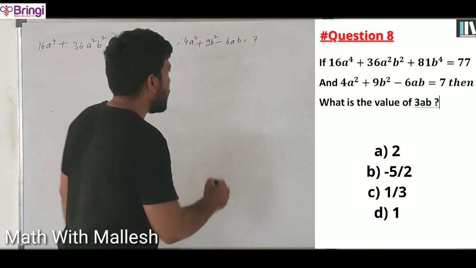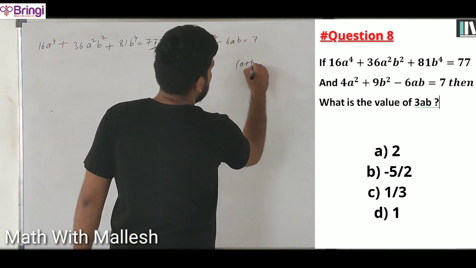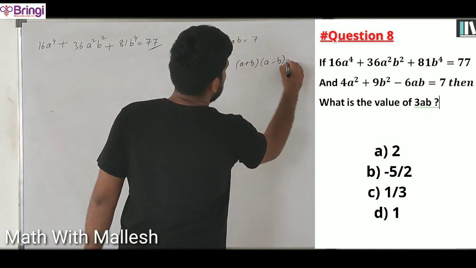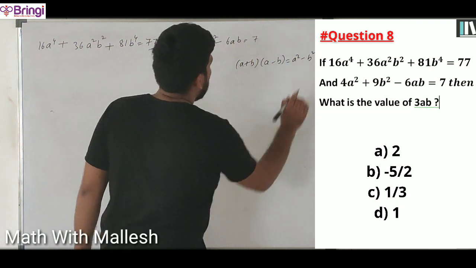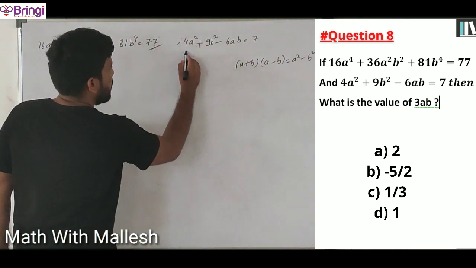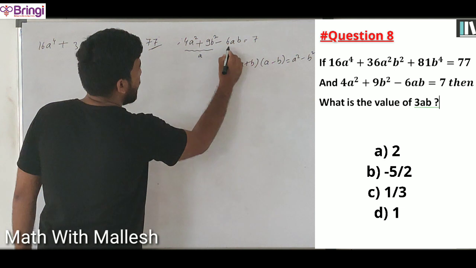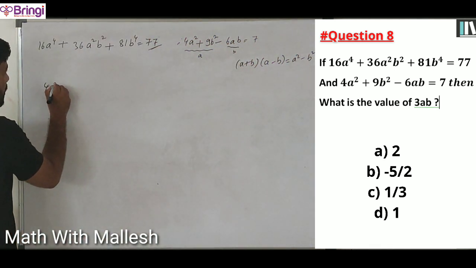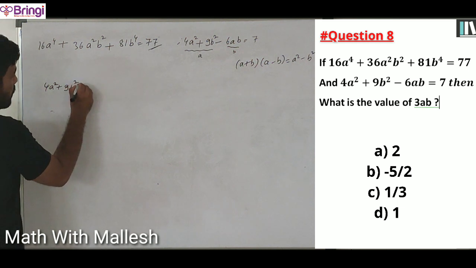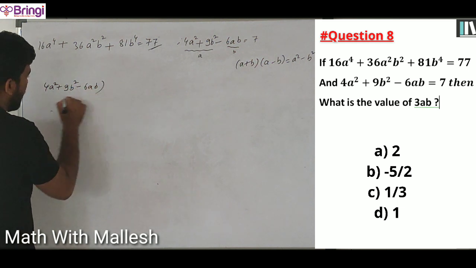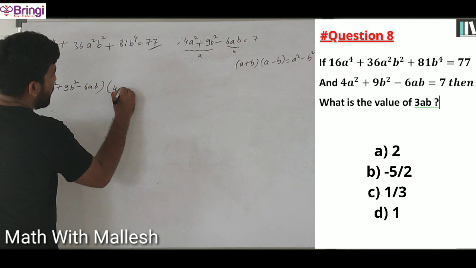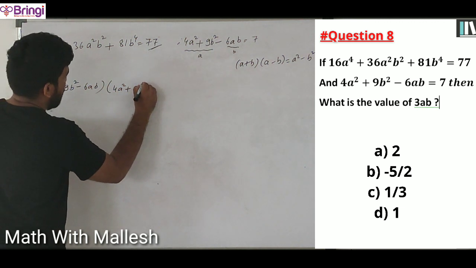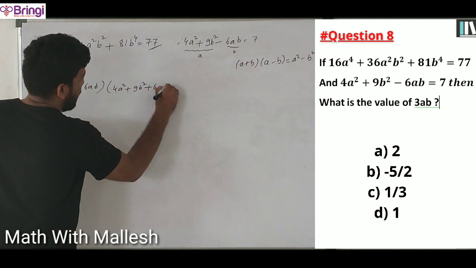And we know one formula, a plus b into a minus b is equal to a square minus b square. So this one you need to take as a and this one you need to take as b. So 4a square plus 9b square minus 6ab into 4a square plus 9b square plus 6ab.